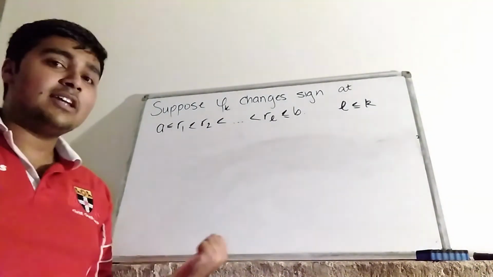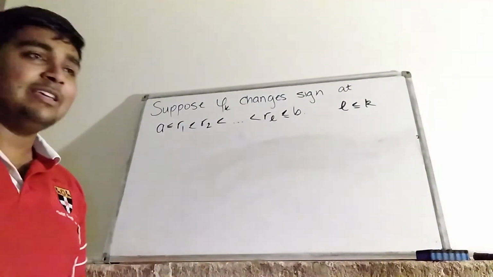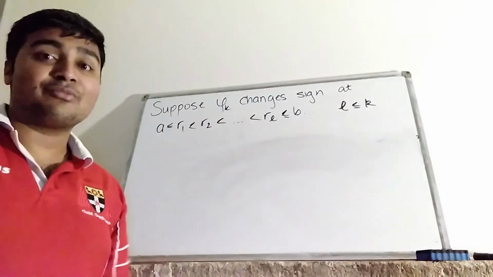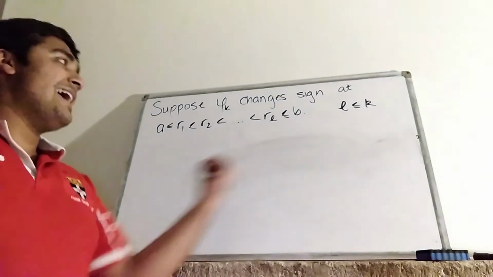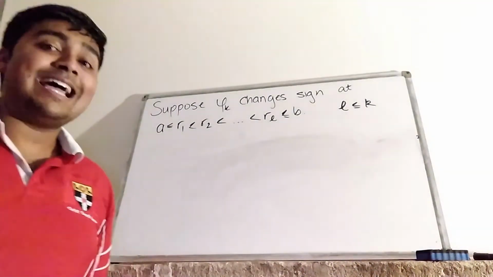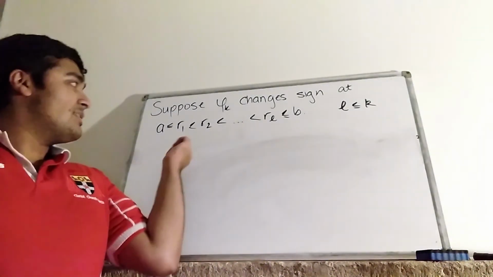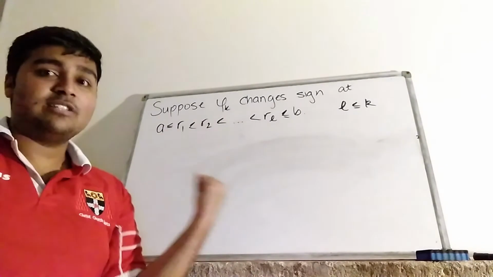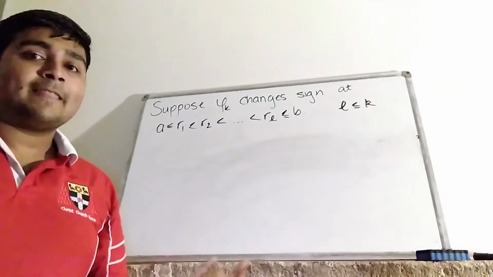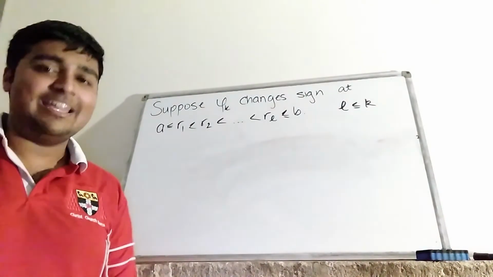So the number of sign changes in AB is less than or equal to the number of roots in AB, which is less than or equal to the number of roots on the complex plane. So we get L is less than or equal to k. Now what we want to argue is that L must be at least k, and thus we can deduce that L equals k, and thus we have L different sign changes of phi k within AB, and thus phi k has exactly k distinct roots in AB.